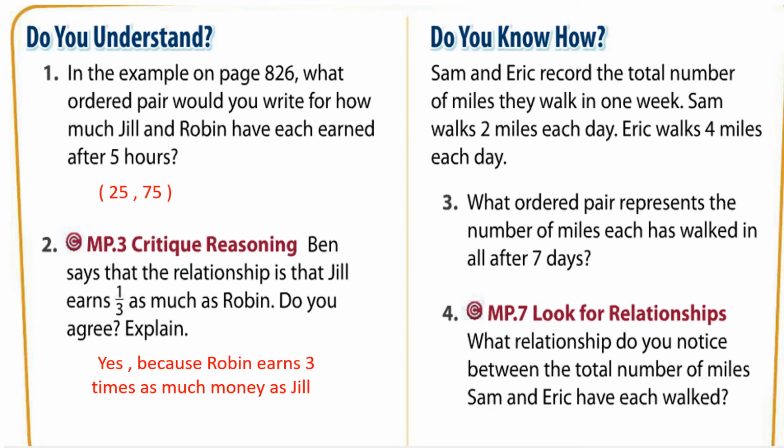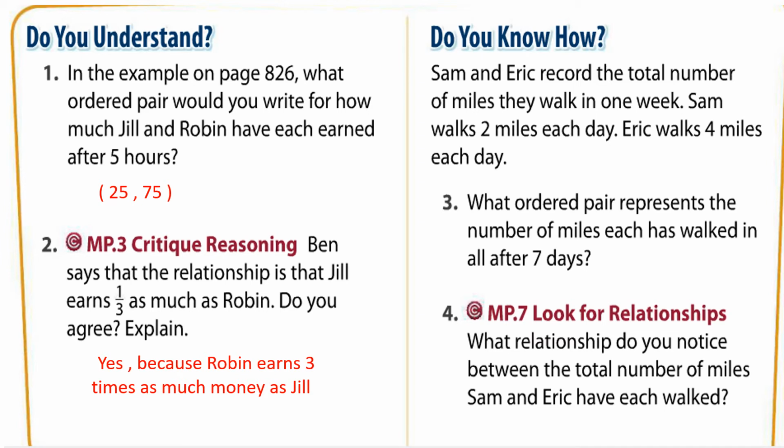So how can you solve this question easily? As I said to you before, let's get the rule first. What is the rule of Sam? Of course, each day he's going to walk 2 miles, so the rule of Sam is just add 2. Eric walks 4 miles each day, so the rule of Eric is plus 4, or add 4.